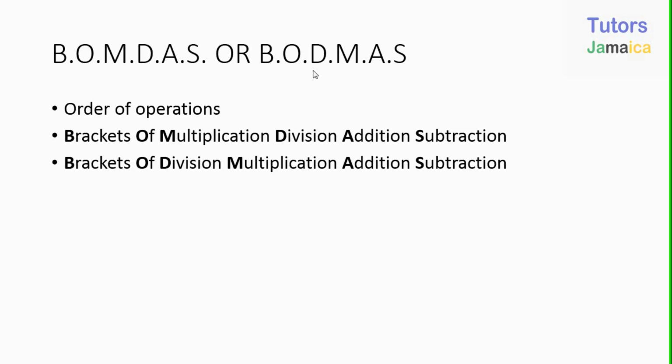Multiplication and division are on the same level, so you can do either multiplication first or division first. Addition and subtraction are also on the same level, so you can do either addition first or subtraction first. And doing it that way, you'll get the correct answer. If you do it sequentially, your answer may not be correct.